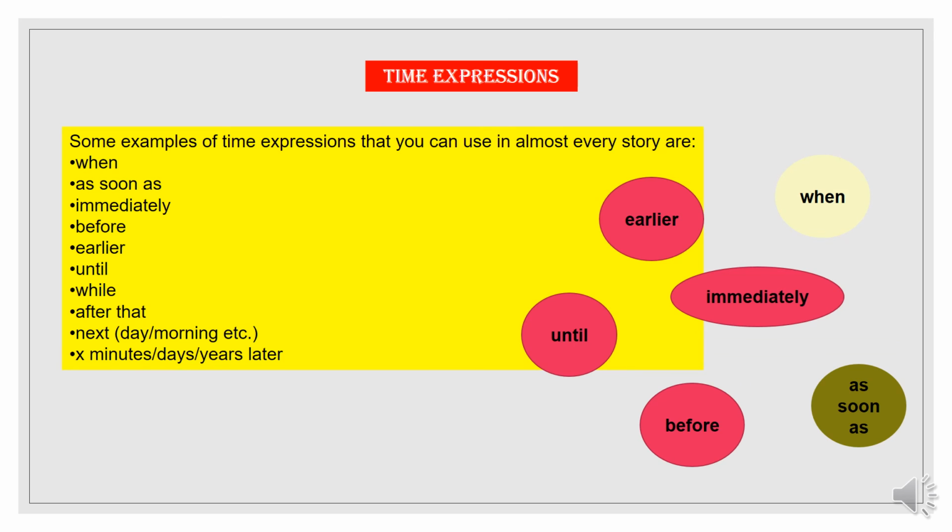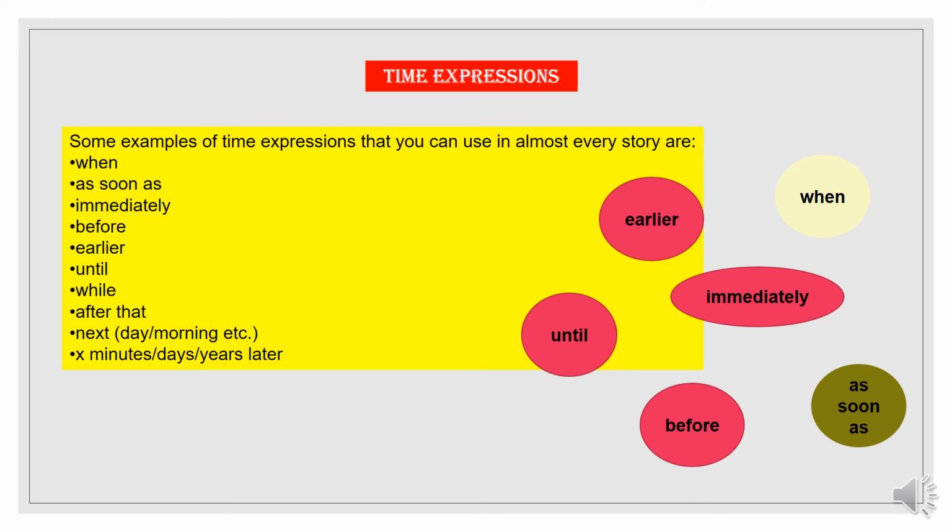Now, time expressions. Time expressions put the events of your story in a sequence. When you use them in the right way, the reader understands what happened first and the sequence of events.